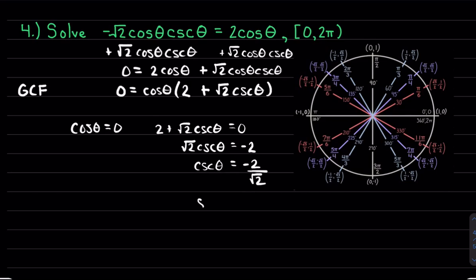So that means this is equivalent to sine theta equals, well, if I take the reciprocal of cosecant, then I need to take the reciprocal of the fraction. The reciprocal of negative 2 over square root of 2 is negative square root of 2 over 2. Now, if I evaluate that, sine theta is equal to negative square root of 2 over 2 at the y value of 7 pi over 4 and 5 pi over 4.